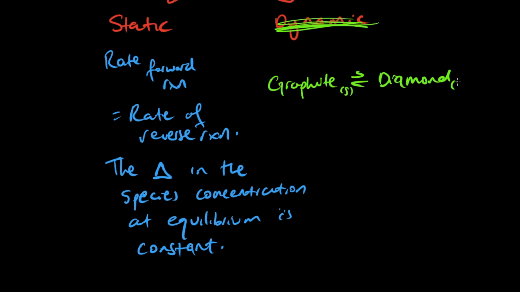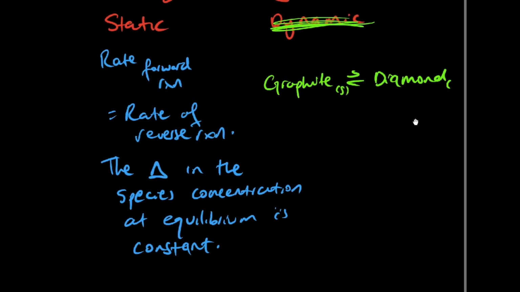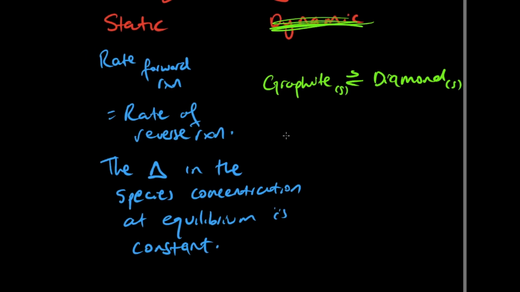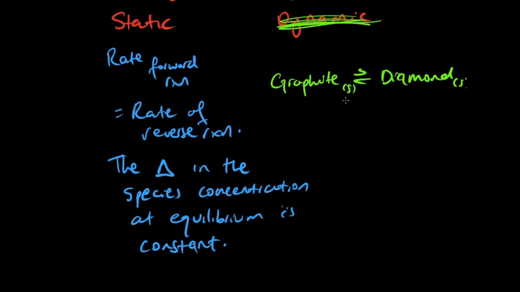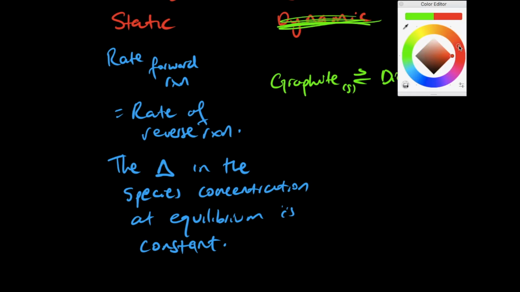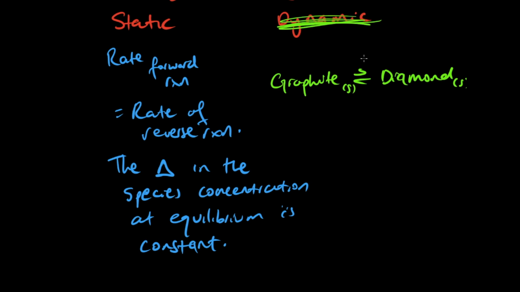That's an example of a system or a reaction at static equilibrium. The reason is because graphite can be converted into diamond at extremely high pressures.